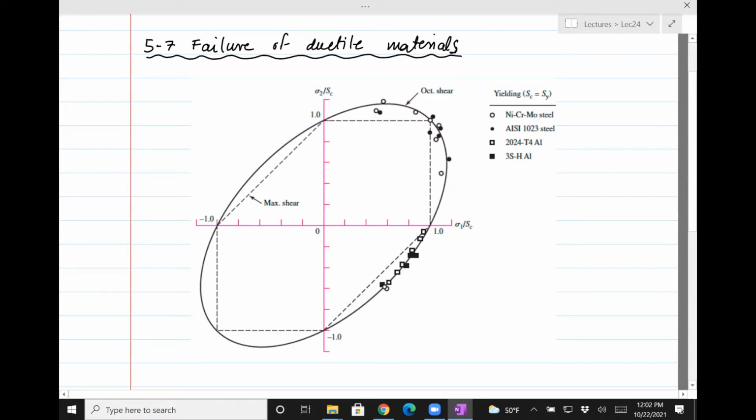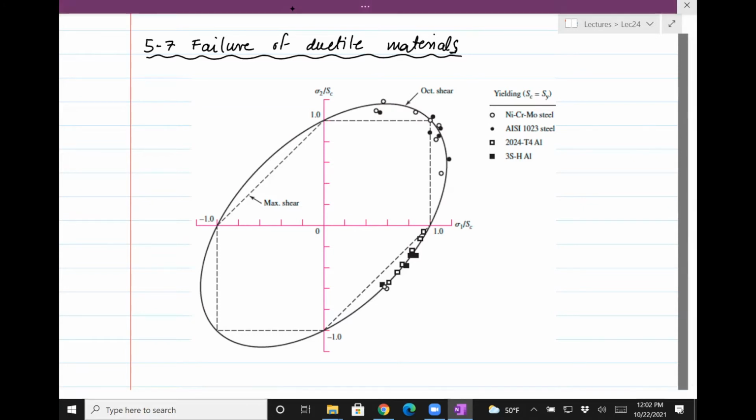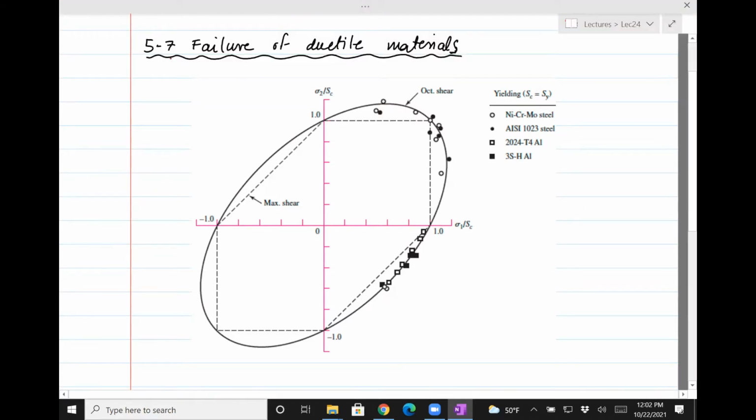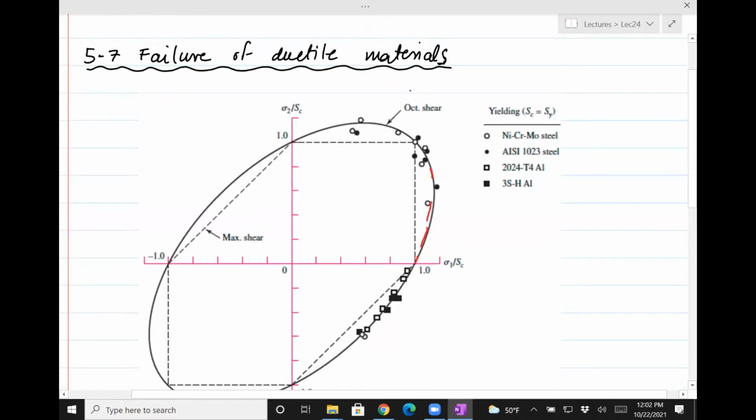So here, in fact, it looks like many of these points actually lie on this envelope, right? Which happens to be this is also known as distortion energy, or von Mises shear.